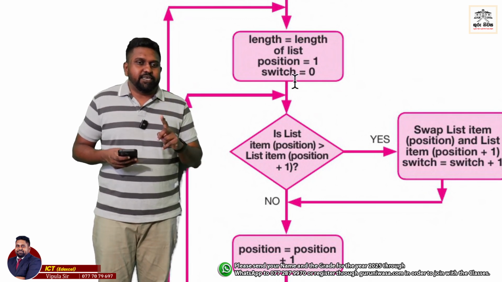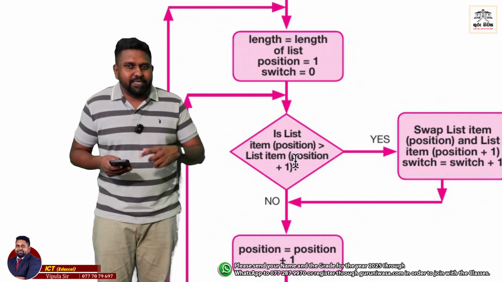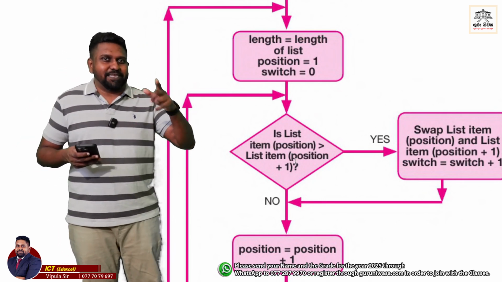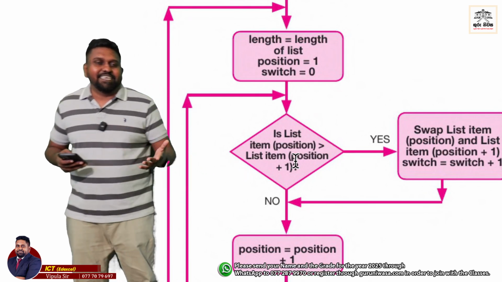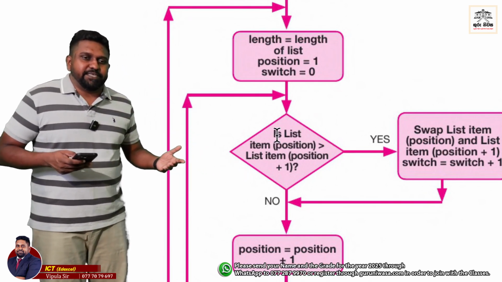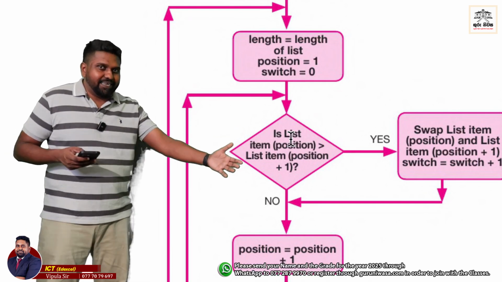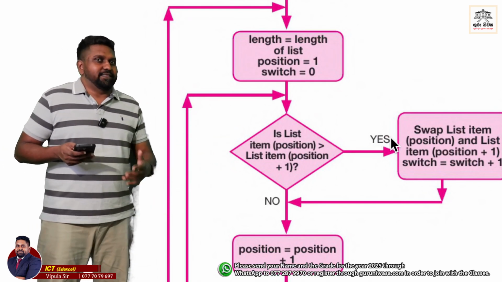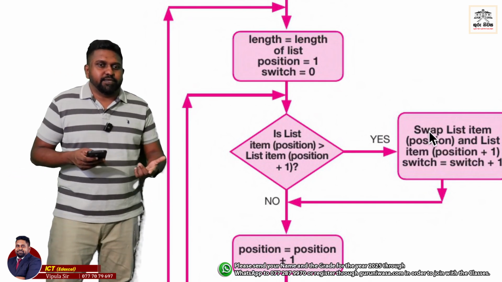When we say plus 1, that means the next position. So what we check is, if the list item position is greater than the next item position, then if yes, we go into the swapping action.